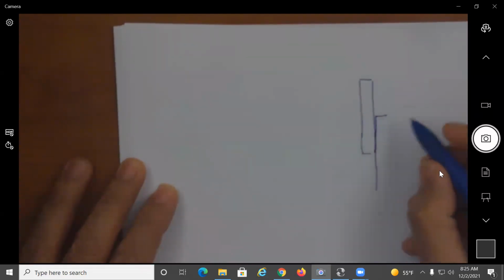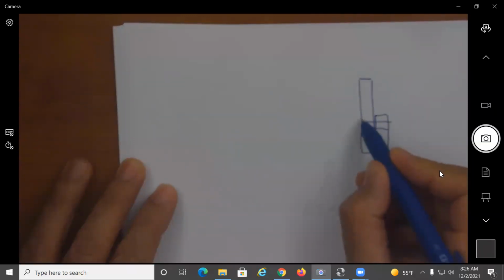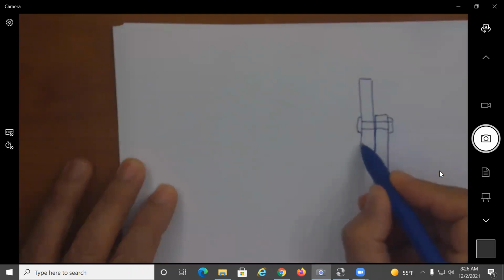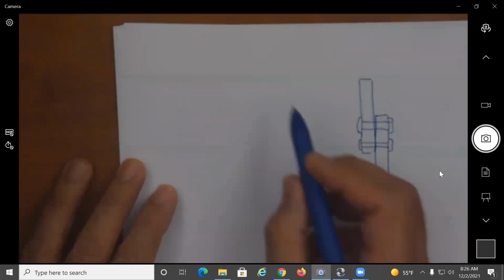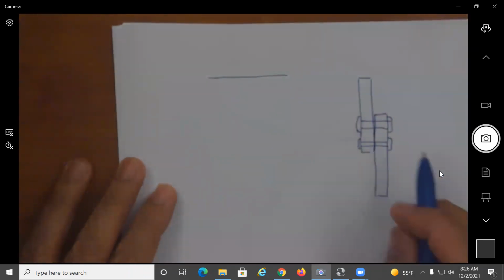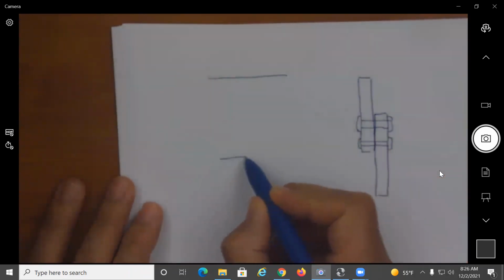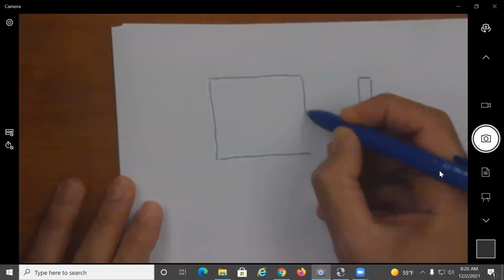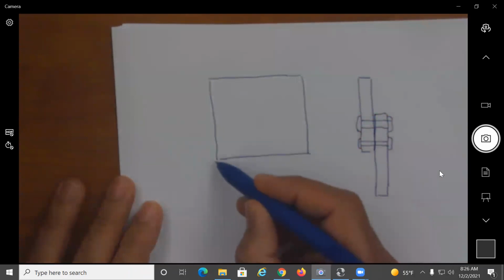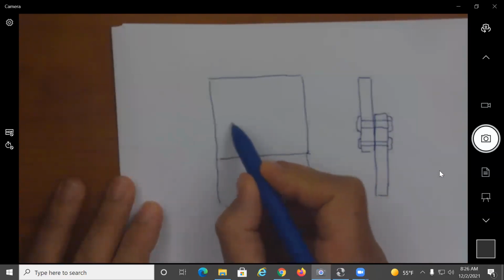So, for example, when we look at two plates that are fastened together, and if I look at a front view, if I'm looking from this side, I will see this.